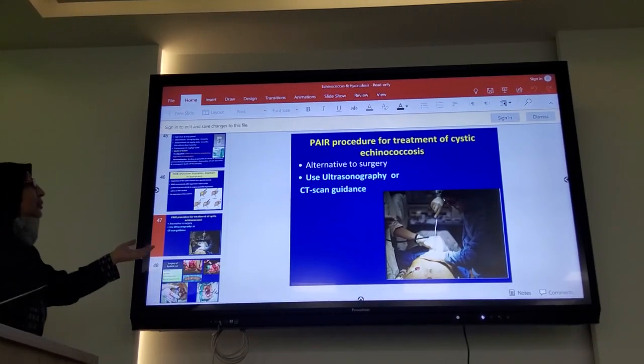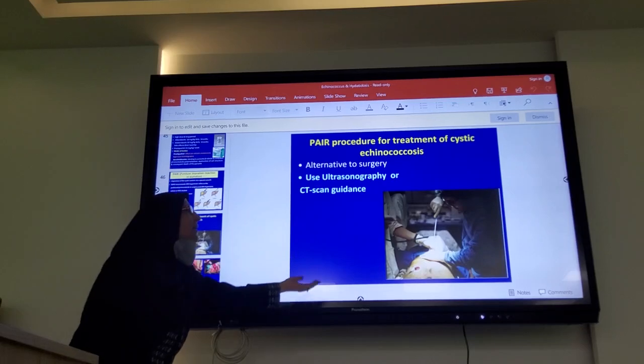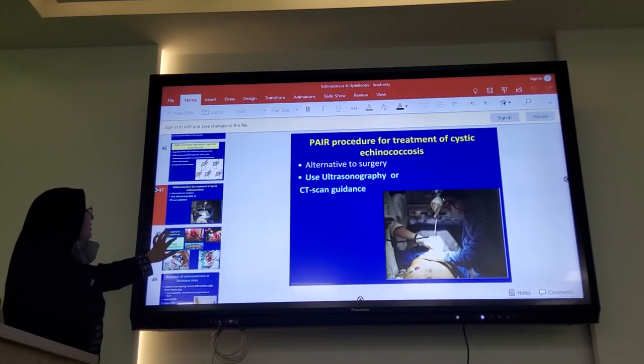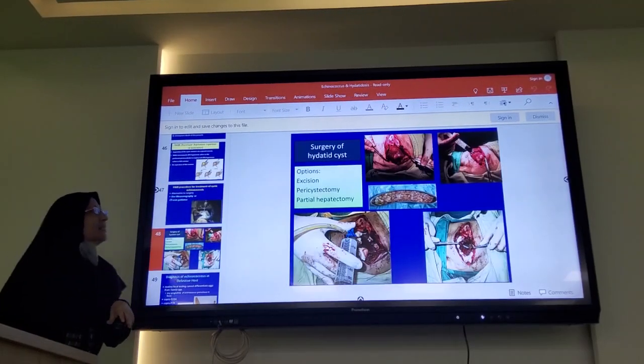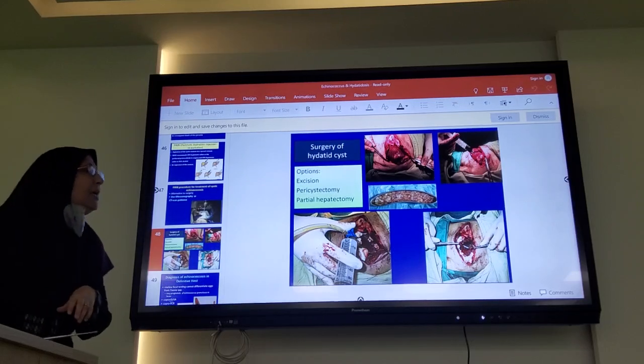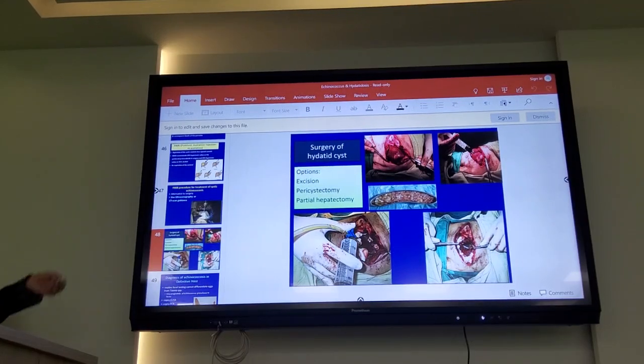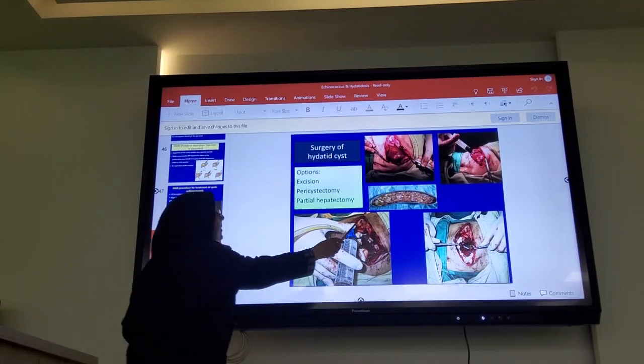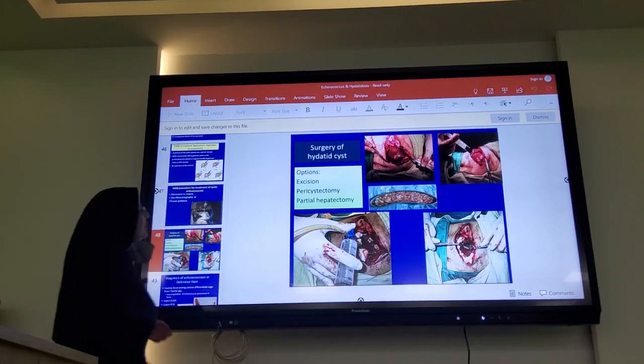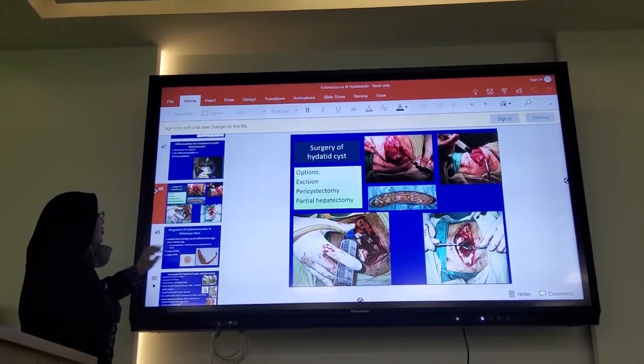In this case, we don't have any other choice except surgery. It needs teamwork, and the surgeons need to be very skillful. The cyst is removed by surgery from the patient.